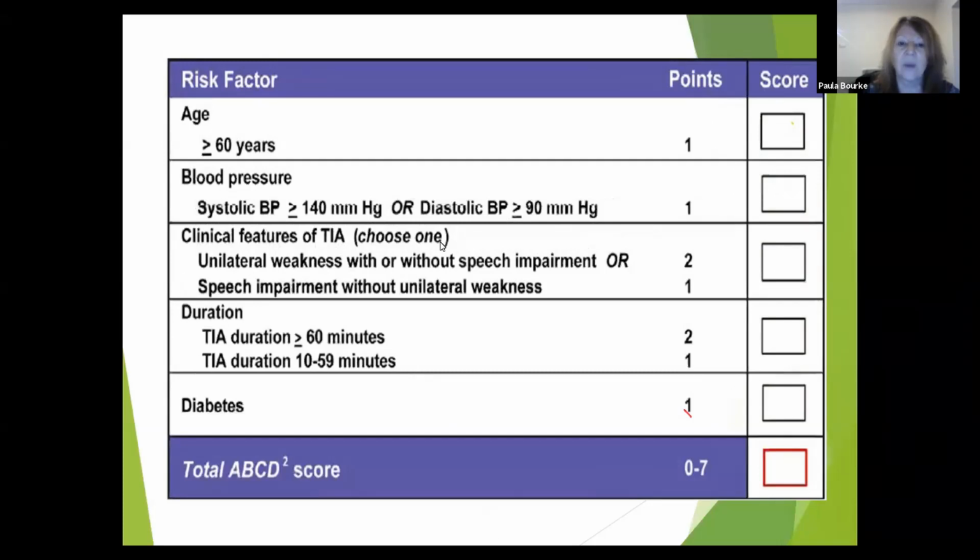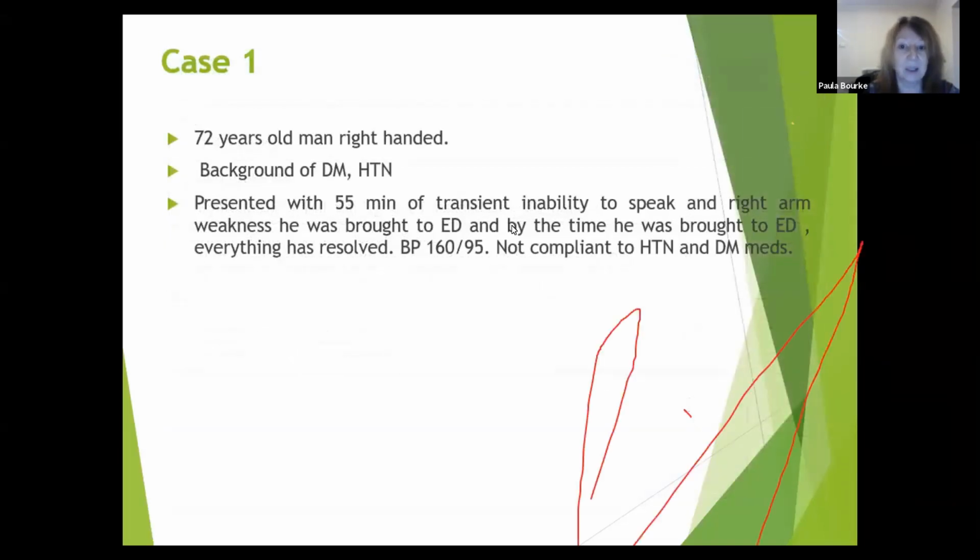Unilateral weakness with or without speech. Well, he had the inability to speak and right arm weakness. So he scores 2. So we're on 4. D, duration. He was 55 minutes. So he scores a point. That's 5. And then he's diabetic. So we're scoring a 6. Did everybody get a 6 on him?